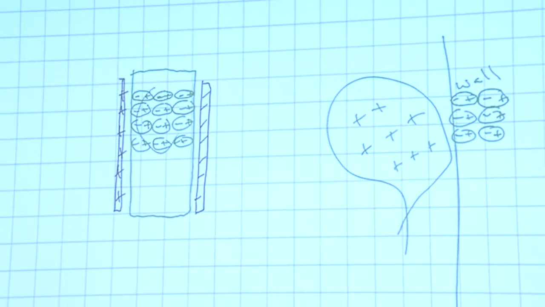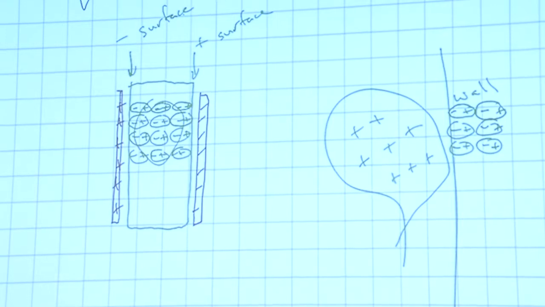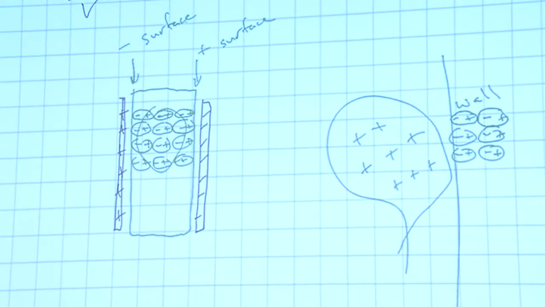And what you're left with is a positive surface here and a negative surface there. And what does that do? That creates an electric field in the opposite direction.